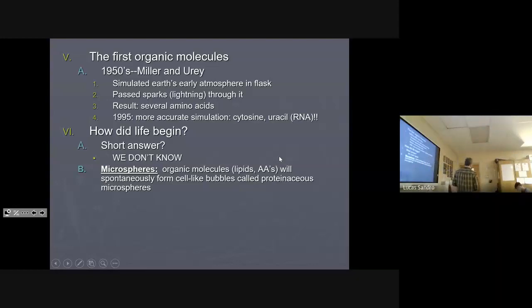And if they happen to catch the right kinds of proteins inside, they make little cell-like bubbles called proteinaceous microspheres, which is a mouthful. They'll let certain things in and out and not others, like cells do. They can even store and release energy in simple ways.